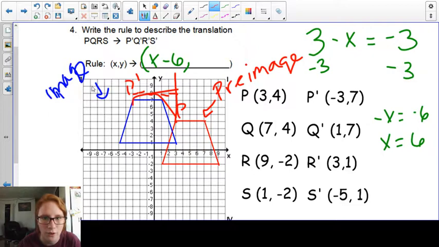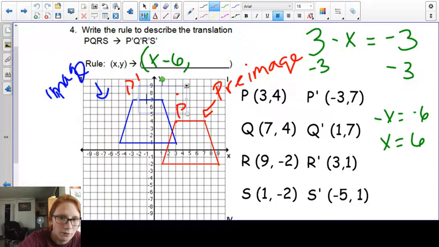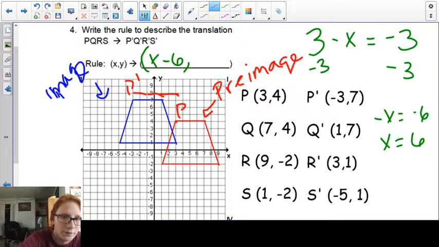Why are you centered still there? For some reason, it's still picking up my finger marks. Hold on. 1, 2, 3, 4, 5, 6. So I went 6 to the left to get from P to P prime on my x's.